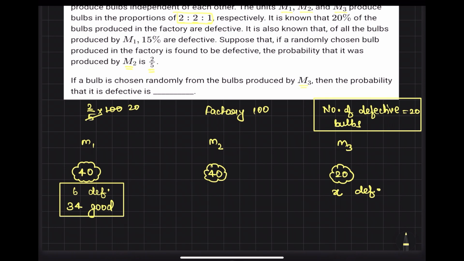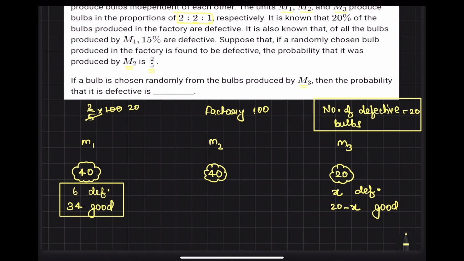The probability of a defective bulb will become X by 20. So the good bulbs from M3 will be 20 minus X. Now, you know that altogether there are 20 defective bulbs. 6 are contributed by M1 and X by M3.